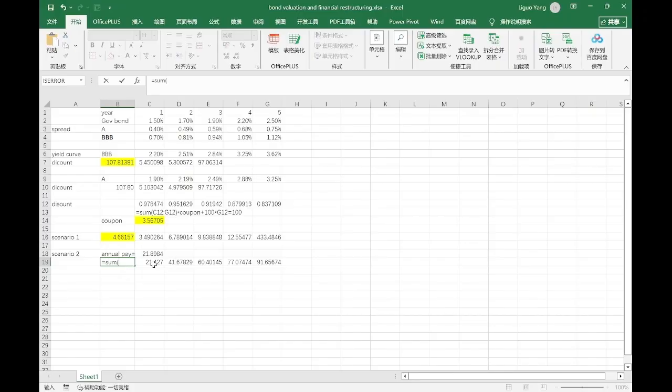The process is exactly like the scenario one.